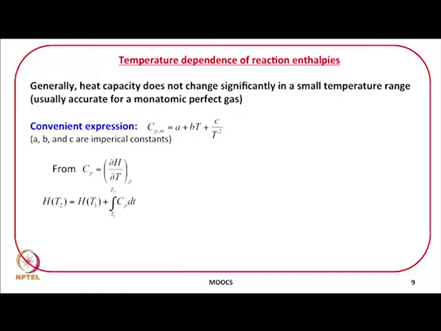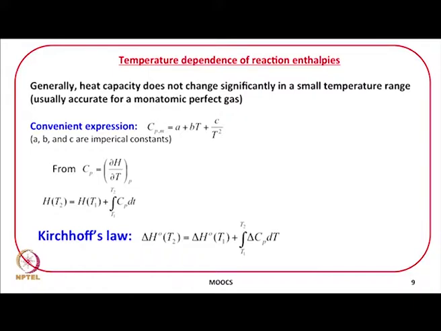if I apply this to the changes under standard state conditions, I can introduce deltas, and this forms the Kirchhoff's law. Very important, it connects the reaction enthalpy at one temperature with the reaction enthalpy at another temperature.